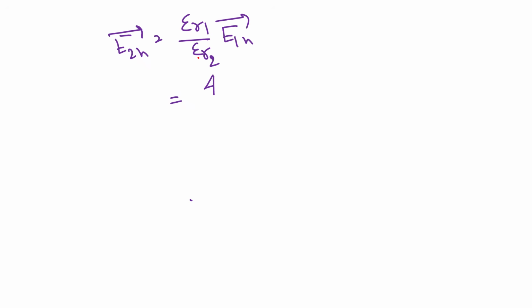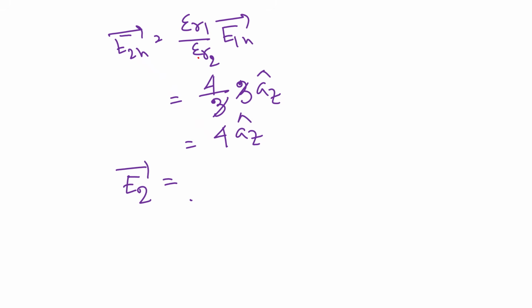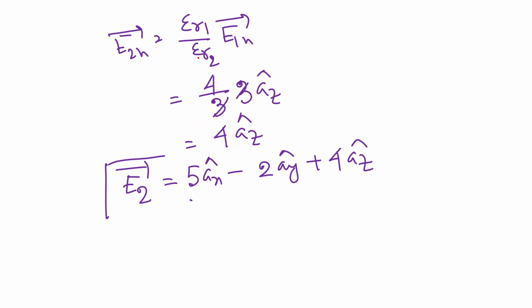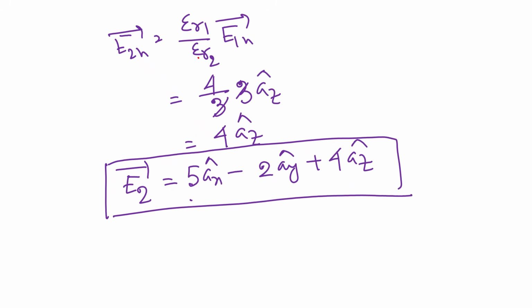Epsilon r1 is 4, epsilon r2 is 3, and the E1n vector is 3az cap. So this 3 will get cancelled out, and what is left is 4az cap. So ultimately my E2 vector will be 5ax minus 2ay plus 4az. So if E1 is given to us, we can calculate E2 by using boundary conditions, and vice versa.